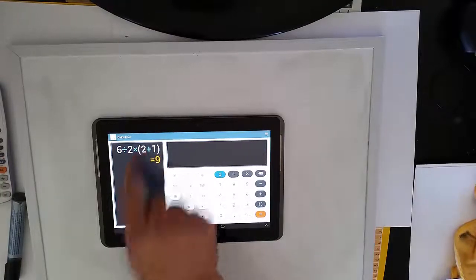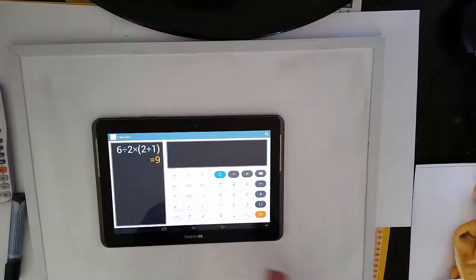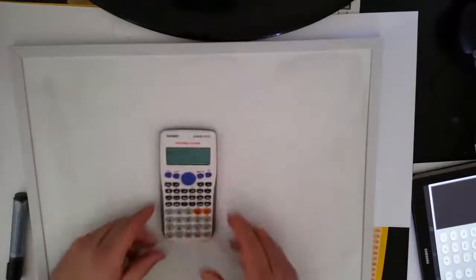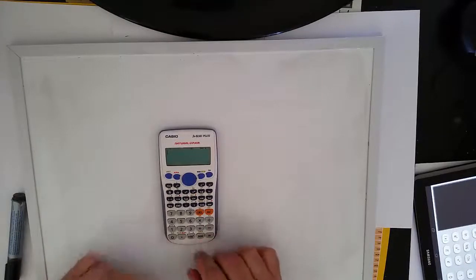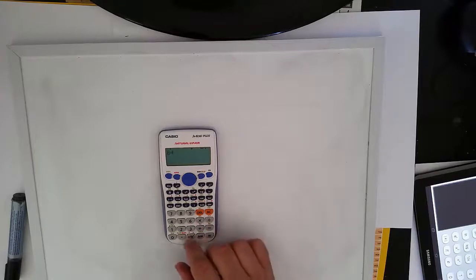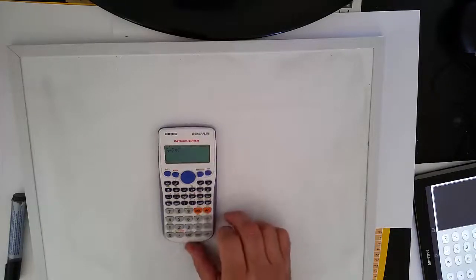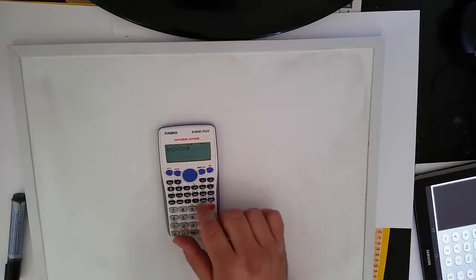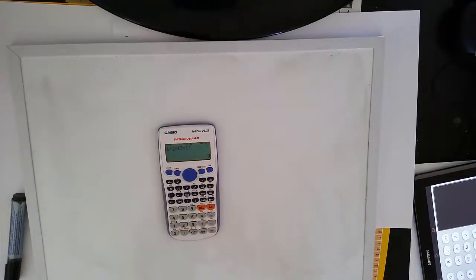They don't recognize it. So if you don't believe me, we'll try that exact same equation on a calculator, and we'll do it exactly the way it shows on the tablet calculator. So here we go, 6 divided by 2 times bracket 2 plus 1 equals 9.